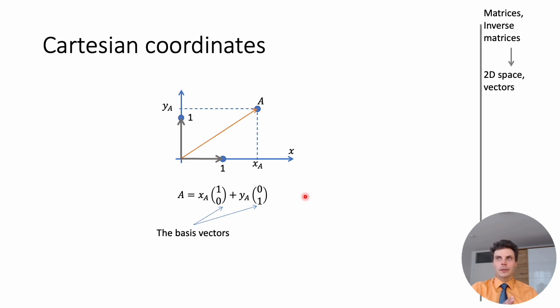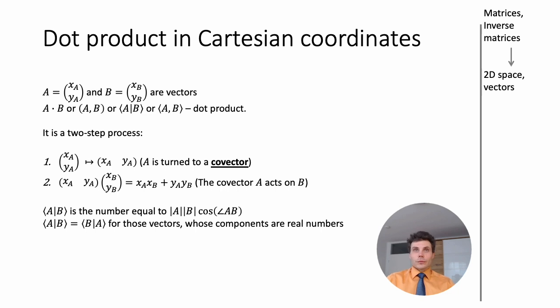It's the dot product. For now, we will introduce the dot product only in Cartesian coordinates. A broader definition of it will be given later in the end of this talk.